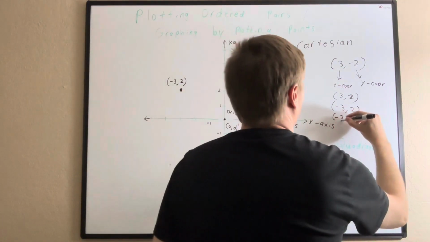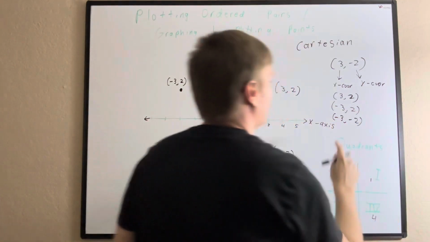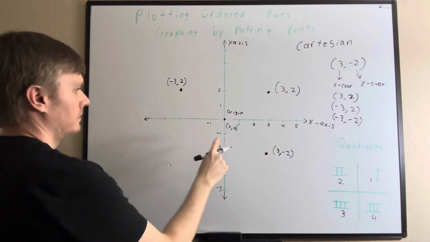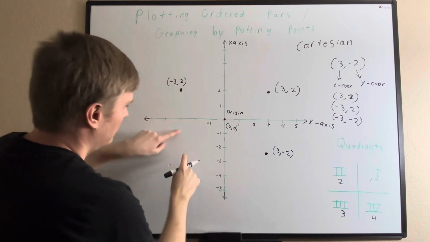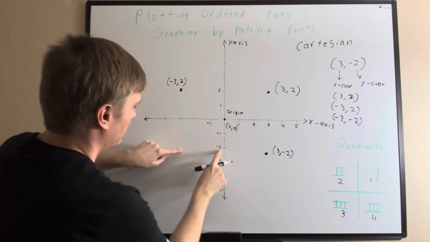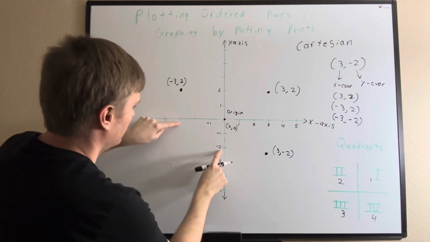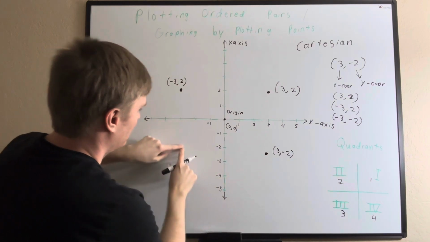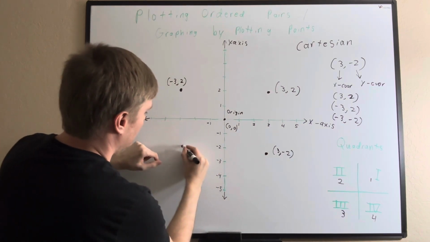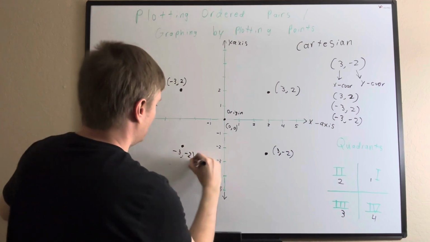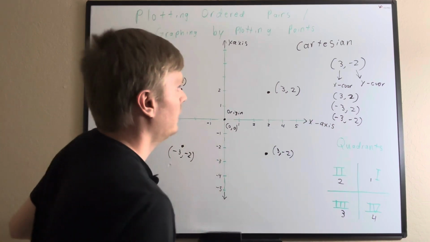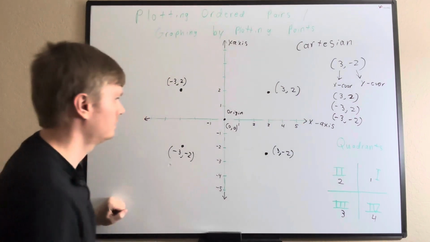And what if both are negative? -3, -2. 1, 2, 3. Go down 2 to -2, right? That is all there is to it.